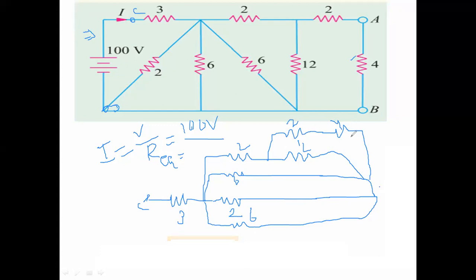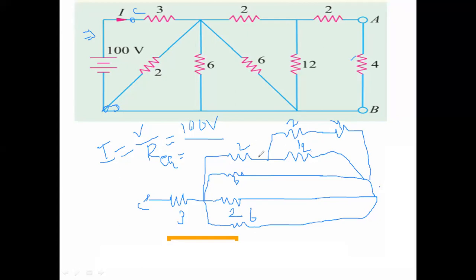And after obtaining this, the 6 is connected in parallel with this 12 ohms. Okay, 6 and 12 are in parallel. The obtained resistance is in series with 2 ohms.